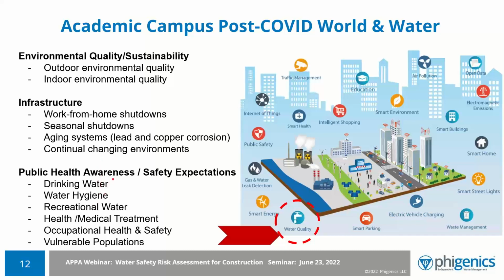So in terms of public health awareness in water and safety expectations, we could be talking about drinking water. We could be talking about water hygiene, which is often more bathing and hand washing beyond the drinking. You have recreational water. You have potentially health and medical treatment waters, depending on your campus. And you have occupational safety and health issues, OSHA issues, and then something in public health.